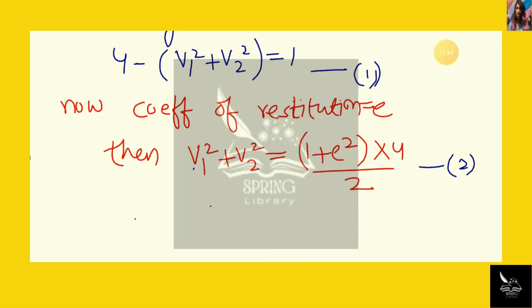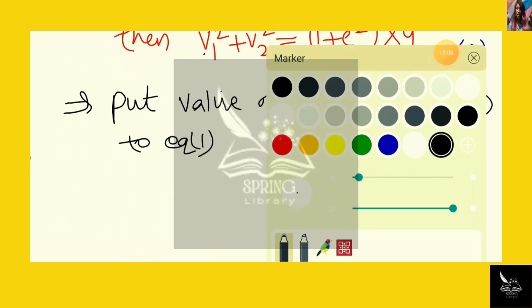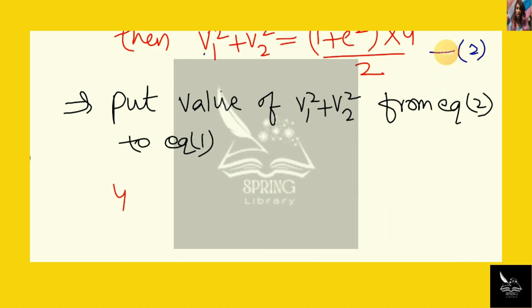So I can say, put the value of v1 square plus v2 square from equation number 2 into equation number 1, so it will be written as 4 minus (1 plus E square) multiplied by 4 divided by 2 is equal to 1.